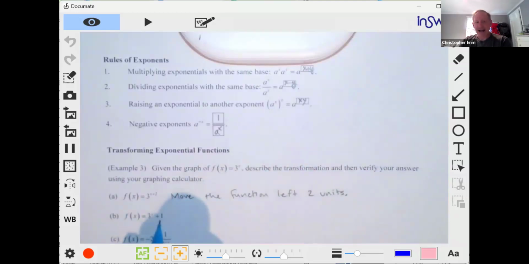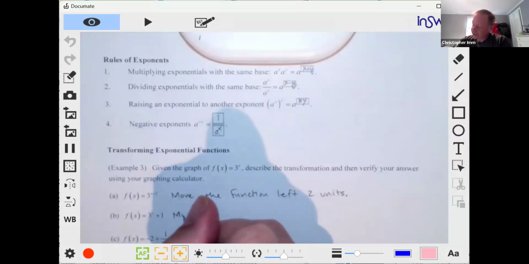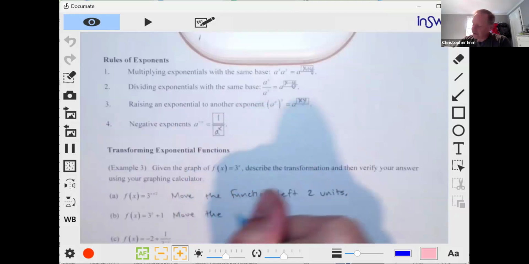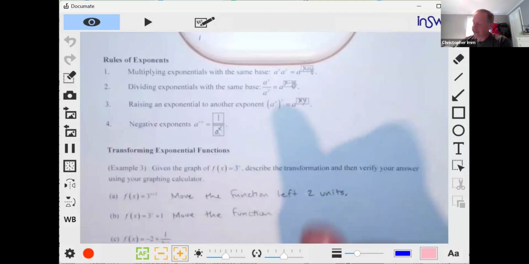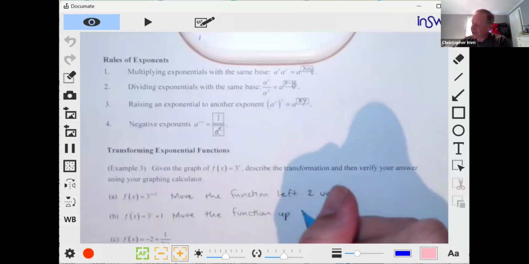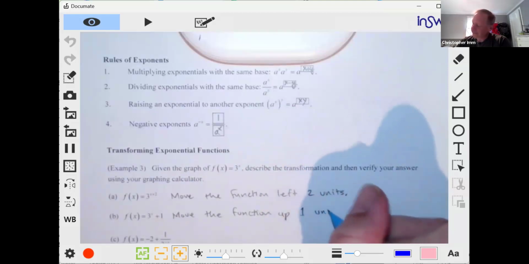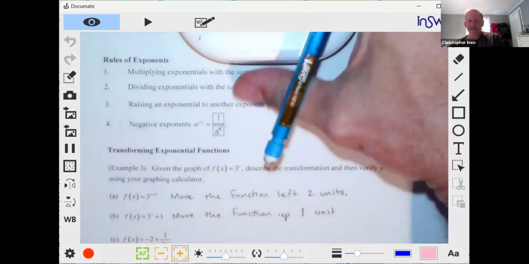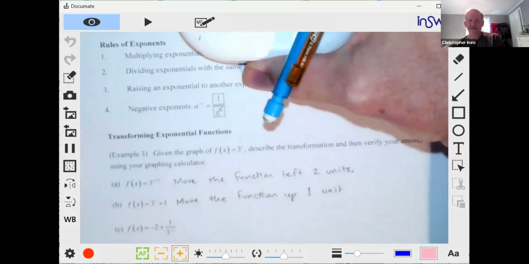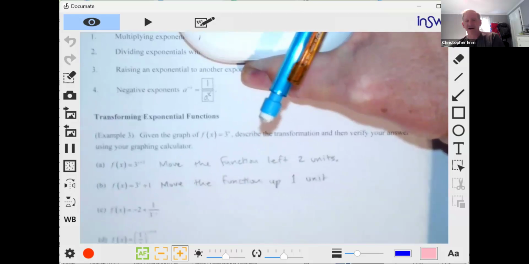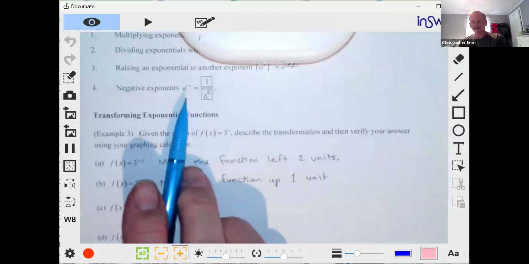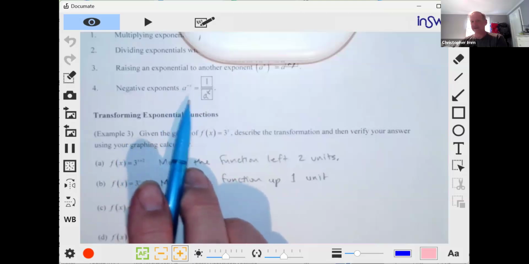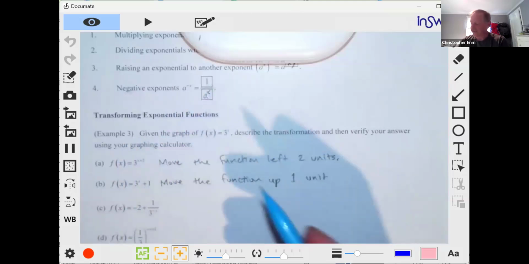What if we have an additive outside change? This one should move the function, so this is very intuitive, up 1 unit. Now for the next couple, we have things that aren't in terms of the original function, but I'm going to conveniently use this idea of negative exponents to turn it into the original function.